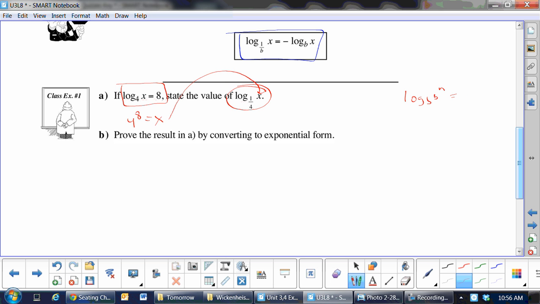Maybe that's more relevant here. Log b of b to the n, the third level, is my answer. So what if I made that log b of b? Well, hey, I got 4 to the 8.